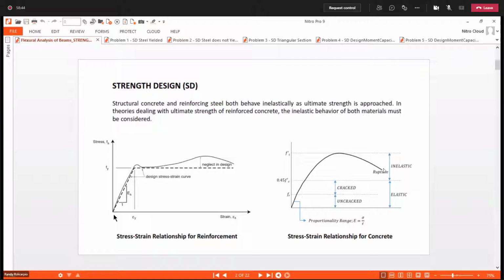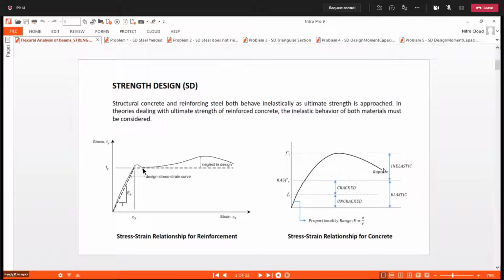When we test a steel, meron niyang linear part. Ito. So yung linear part nung ating diagram, yun yung elastic behavior. Yun yung stage kung saan elastic yung behavior ng material natin. Once it reach the yield point o yung yield stress, our material is no longer elastic.